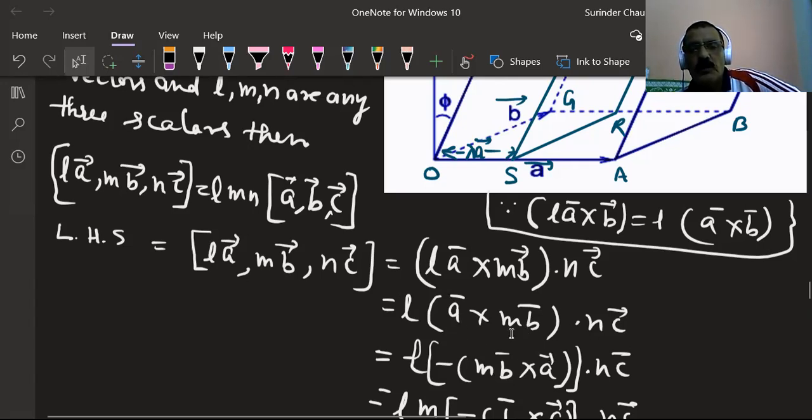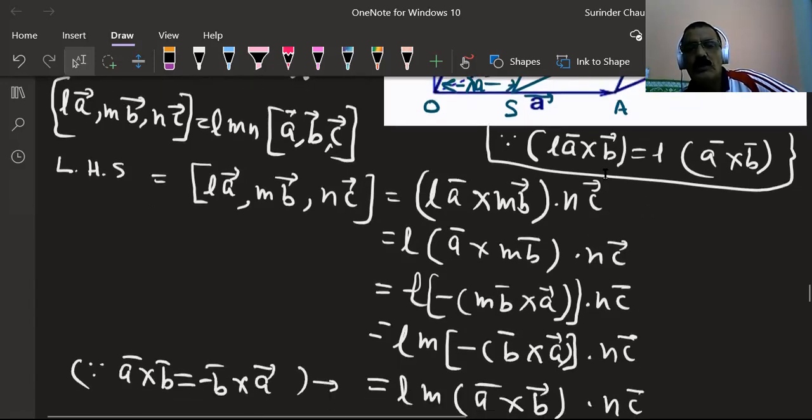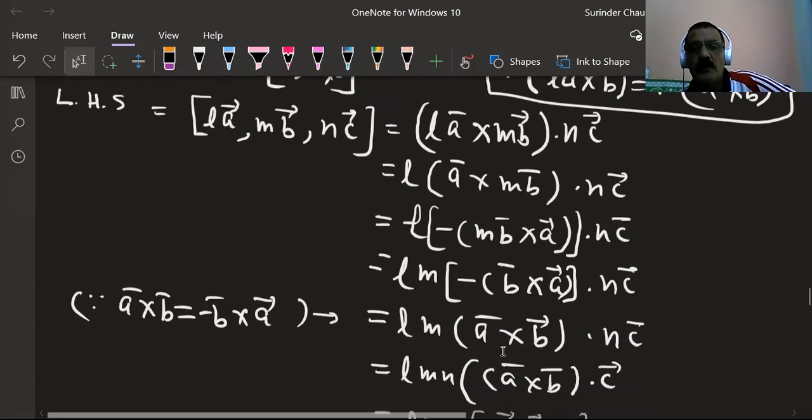Now in this cross product, if you change the order, a minus sign will come: L into minus of M B cross A vector dot N C vector. M will come out, LM is outside, minus of B cross A vector dot N C vector. Again, minus B cross A is equal to A cross B, so this is LM into A cross B vector dot N C vector.